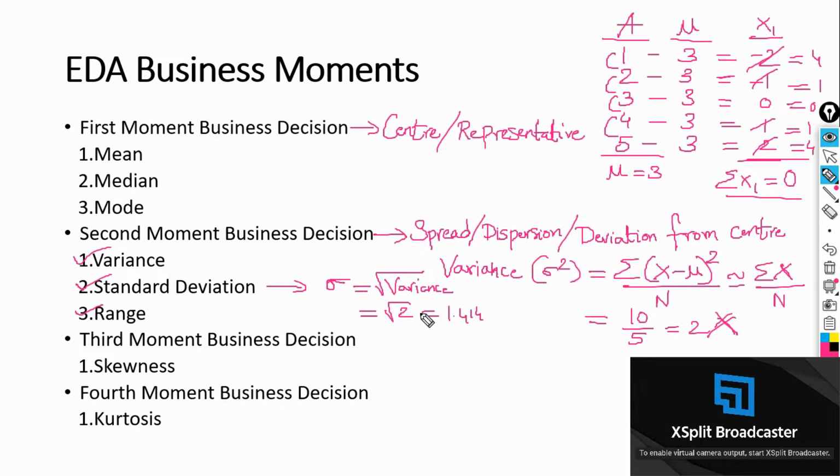Variance value is 2, square root of 2 is 1.414. Yes. Any questions? Is it clear? First of all, is it clear?